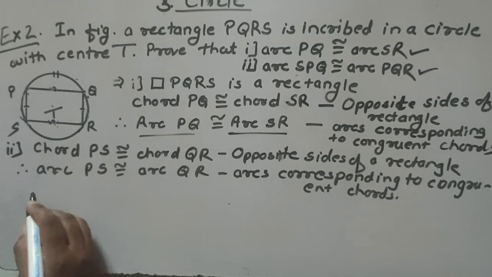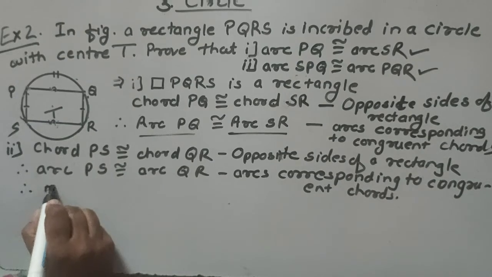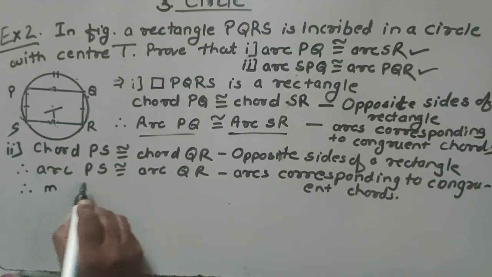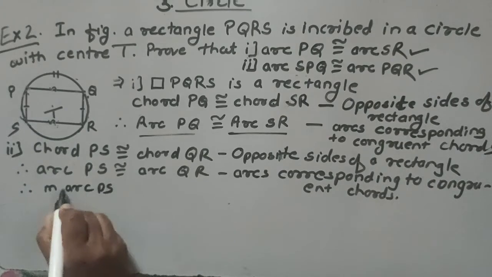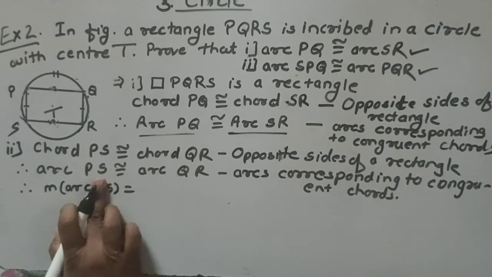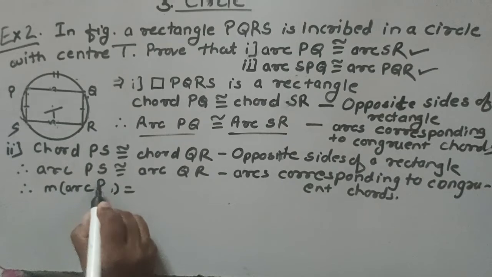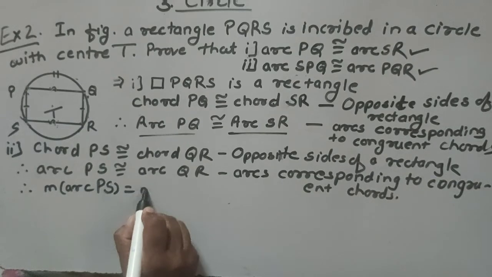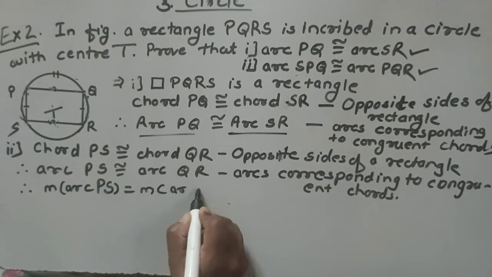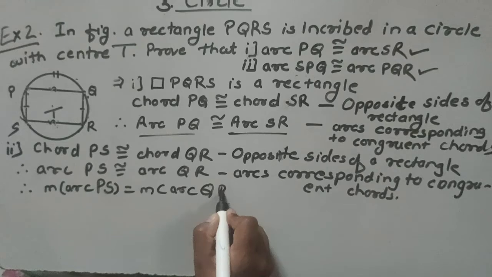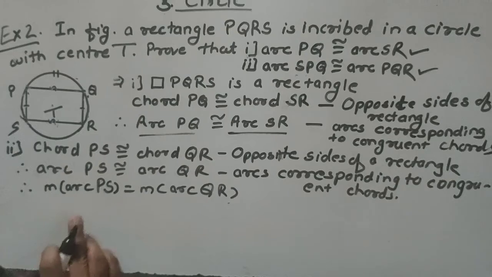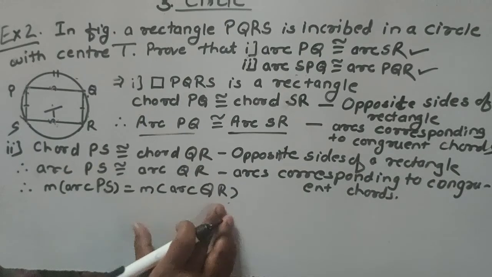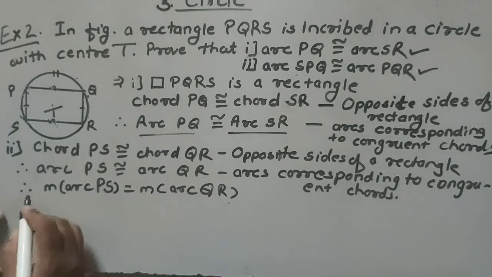therefore measure of arc PS is equal to measure of arc QR. Okay, if these are congruent, their measures are also the same. Now what we will do, in this PS and QR we will add PQ.